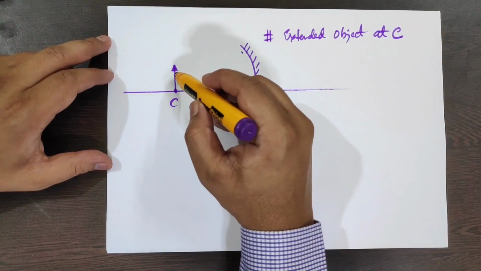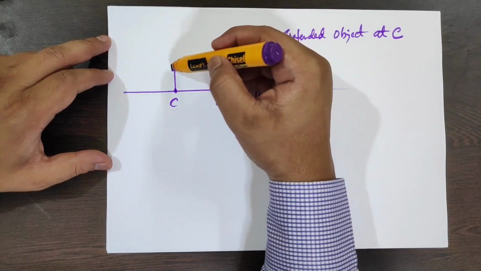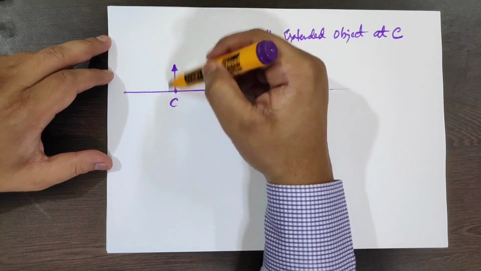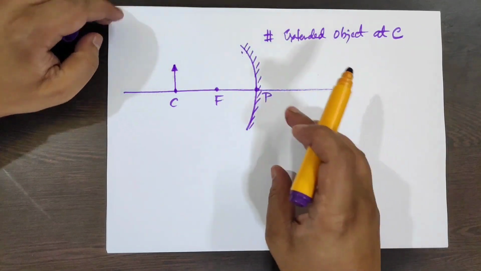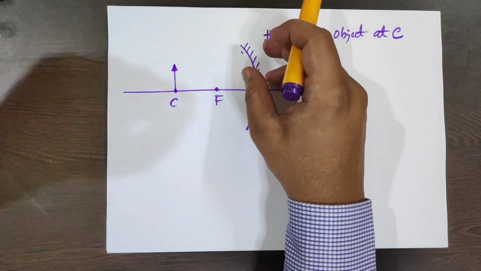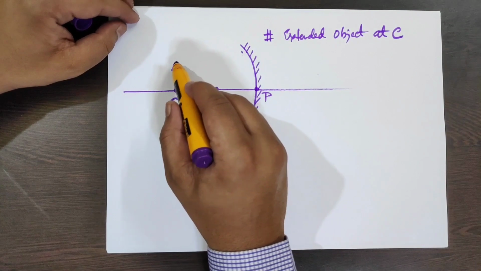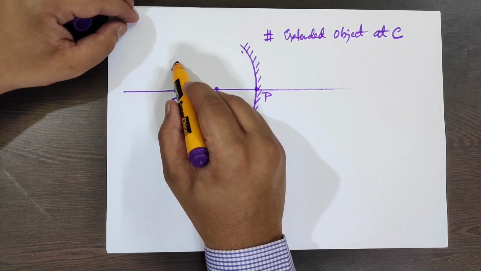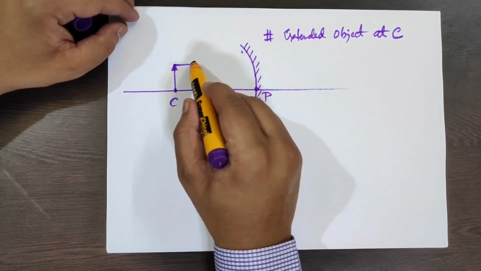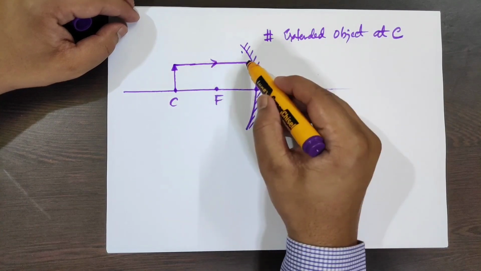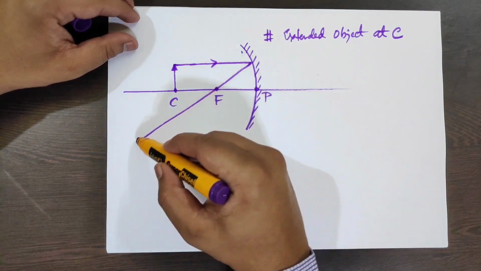Now it is hard to draw a light ray from here to here, because the aperture size of the mirror is not so large. So we'll settle with this case. This light ray will pass through the focus this way.